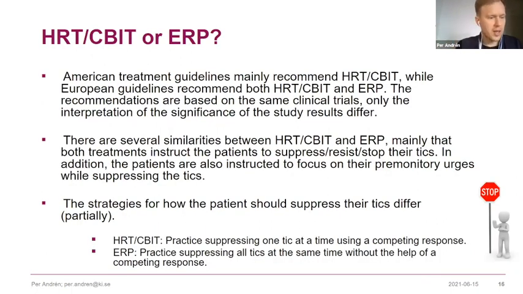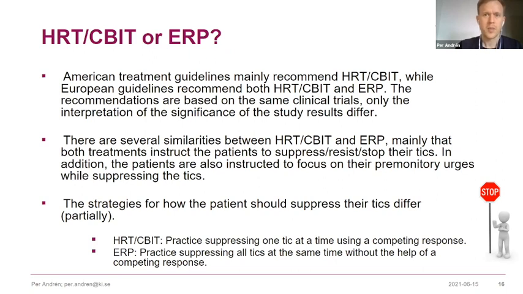So the question you might be asking is, of course, what shall we choose, or which one is best, HRT, CBIT, or ERP? If you look at the American treatment guidelines, they mainly recommend HRT, CBIT, which I think is fair, because to be honest, the evidence for ERP is, as I said, face value that it works. There's some open data supporting that it works, but there's not really enough controlled evidence yet.